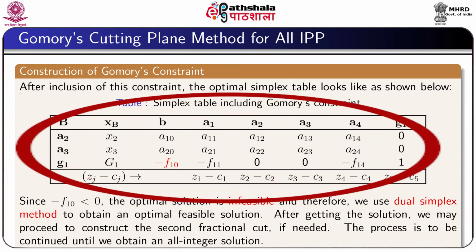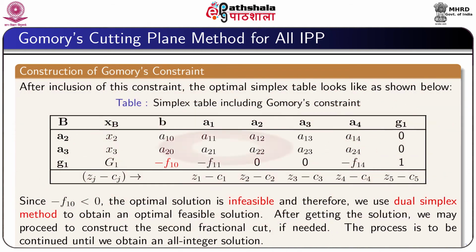And from the values of the components of B, we see that minus F10 is a negative quantity, and because of this negative quantity, we cannot proceed further by using the regular simplex method. So, in order to resolve this problem, we will proceed by using the dual simplex method.